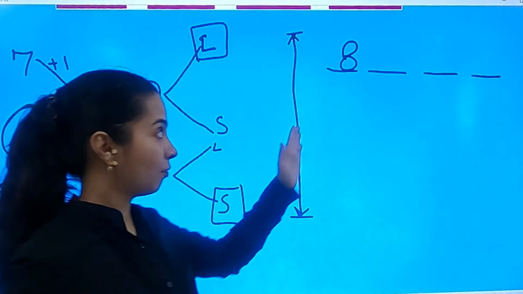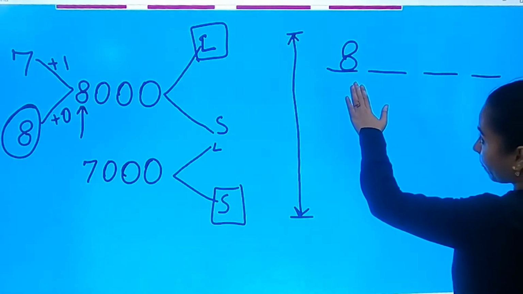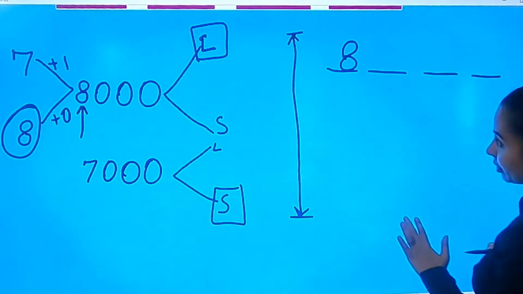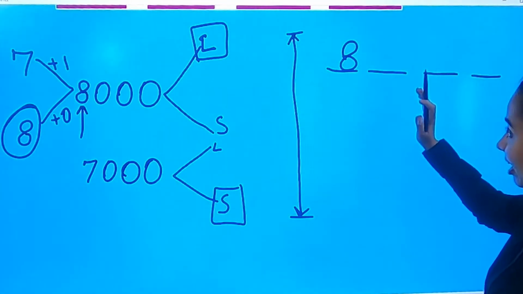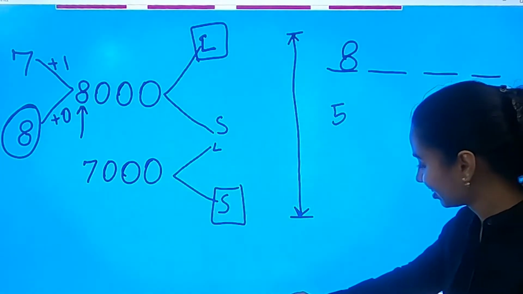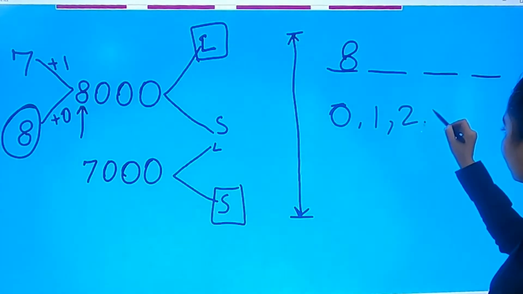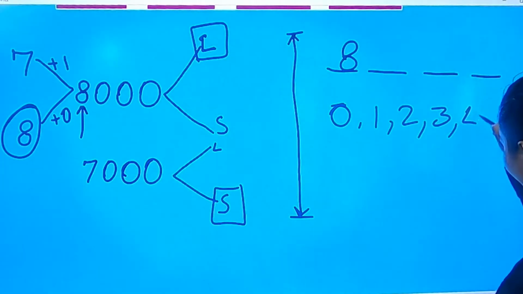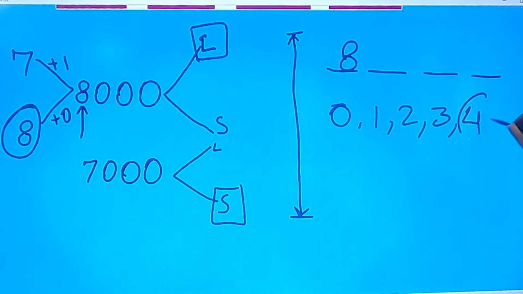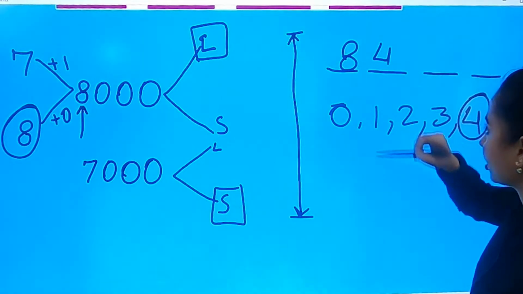Now, since nothing happened to it, the digit to its right could be 0, 1, 2, 3 or 4. Then again I will select the largest possible. I will select 4 here.